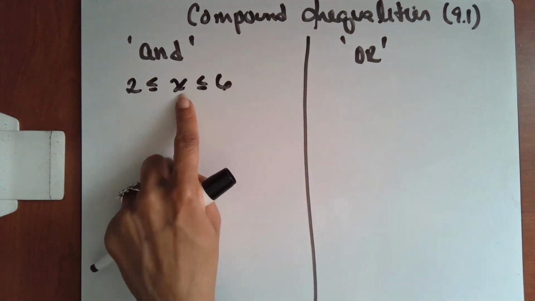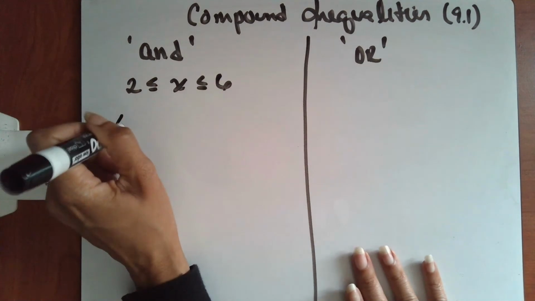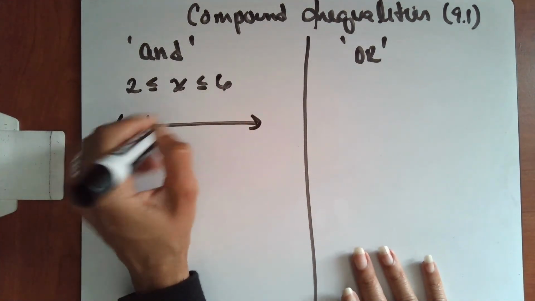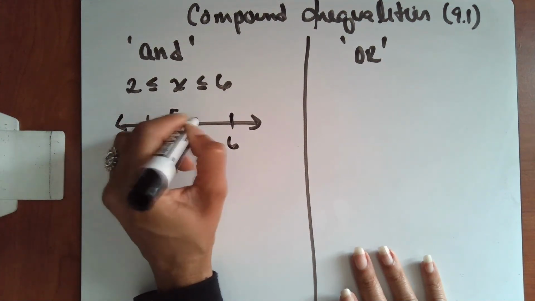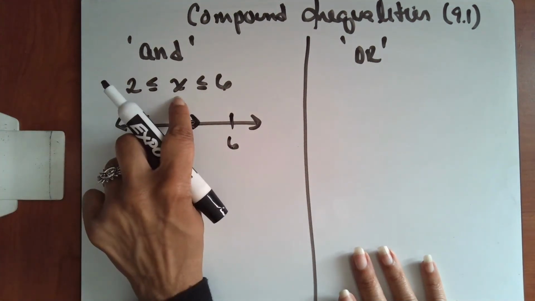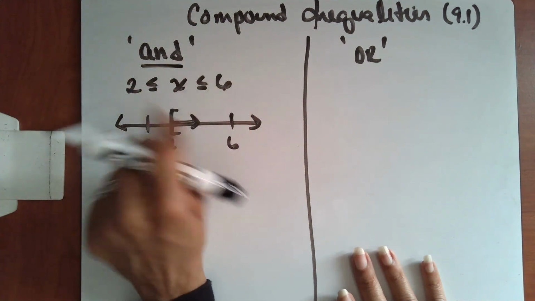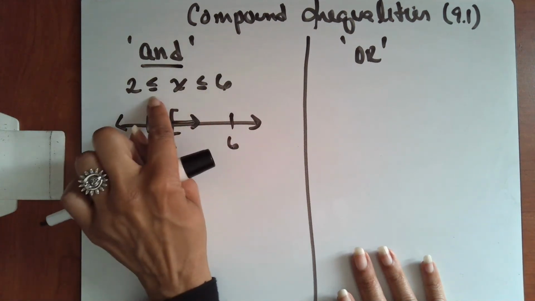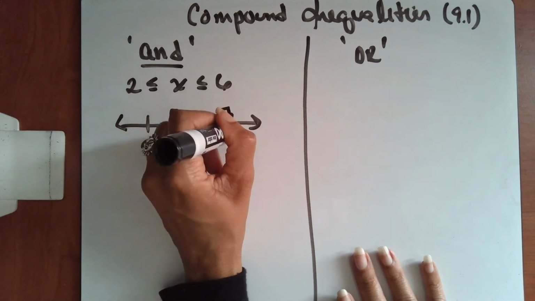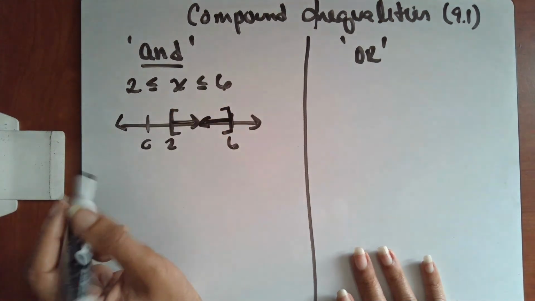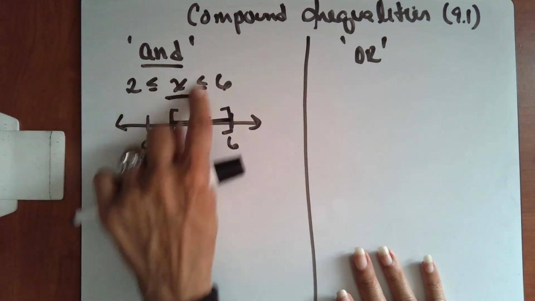So if you read it from the variable, it says x is greater than or equal to 2, which would go that way. And so we know it's the word and because it's written as one big inequality. And x is less than or equal to 6.